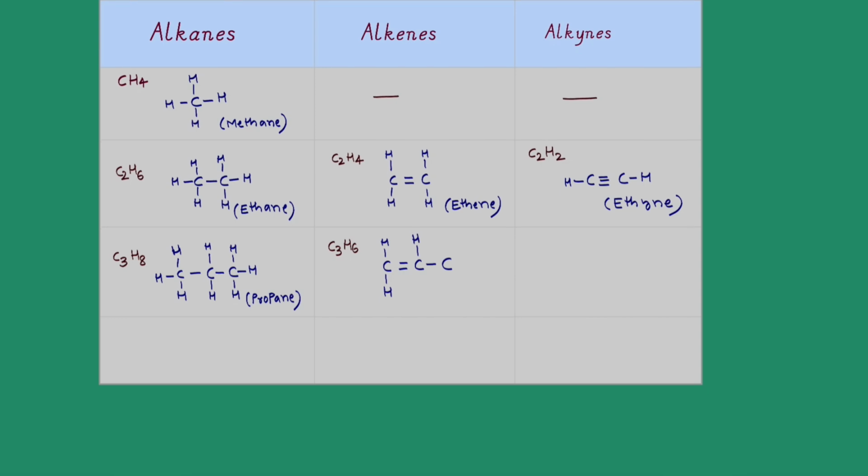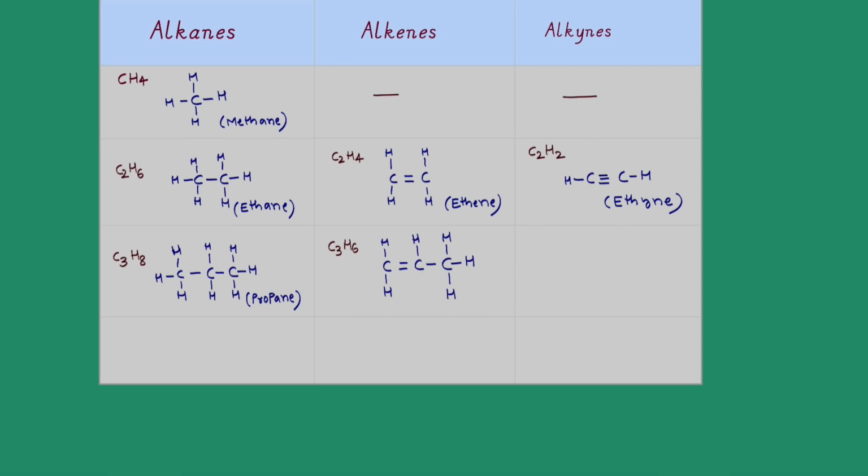Now on the third carbon, we can draw three hydrogens, because only one bond is finished as of now. This is the structure of propene.